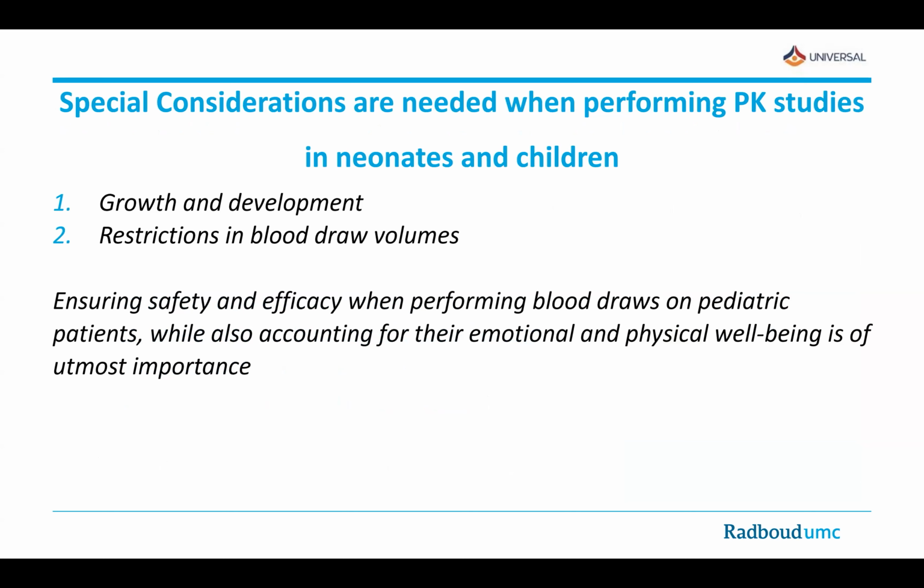You can imagine that the blood volume in children is less compared to adults. So we cannot just simply take the same amount of blood as we take from adults. And as stated here, ensuring the safety and efficacy when performing blood draws on children, while also accounting for their emotional and physical well-being, is very important.